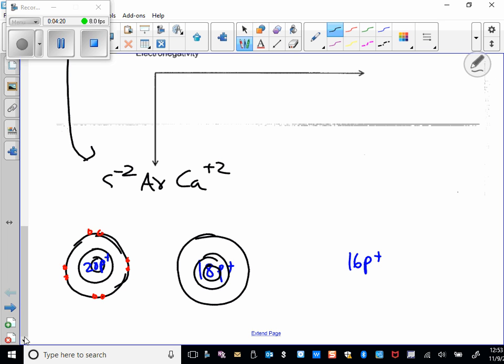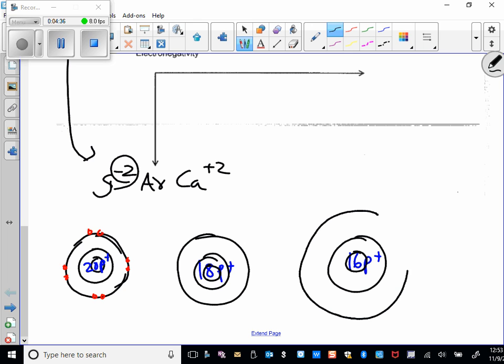Now sulfur originally had 3 circles and 6 valence electrons. But you're adding 2 to sulfur. Now it has how many in the outermost electron shell? It has 8. So sulfur kind of becomes bigger because it needs to accommodate 8.